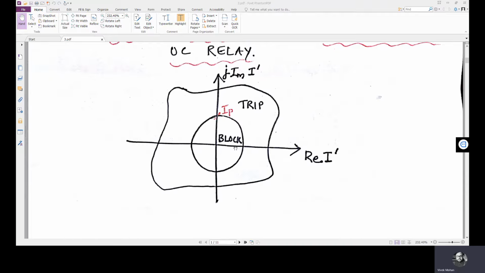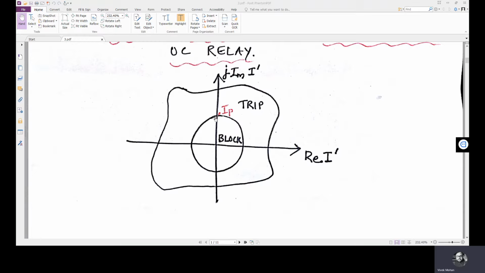So the magnitude of I dash is the root of imaginary I dash squared plus real I dash squared, which is some vector whose tip can be outside this block region, or it can be inside the block region.